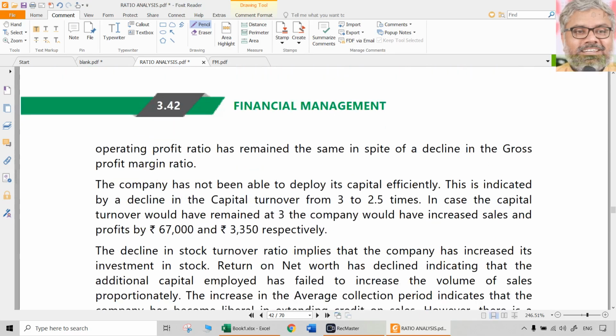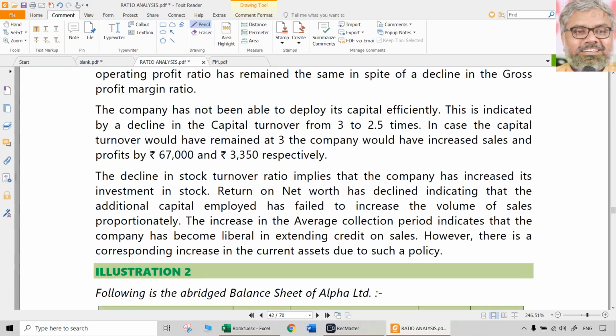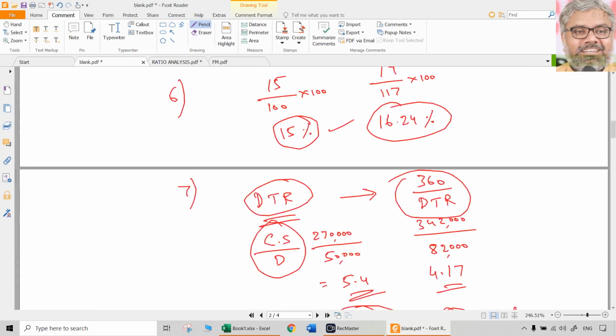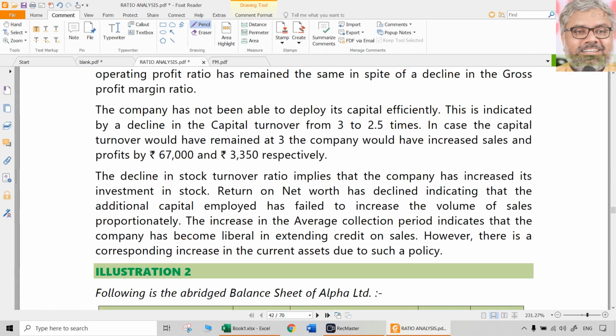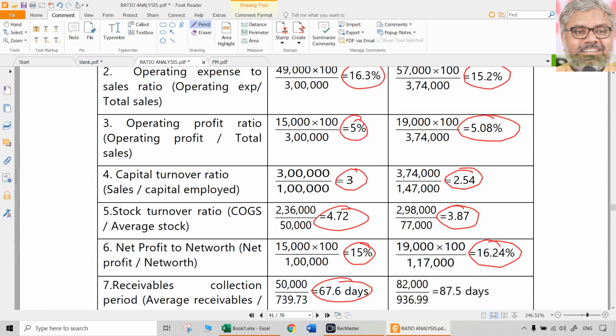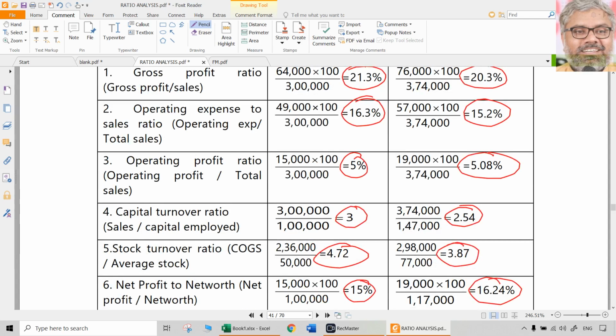Perfect, possible. Next, the operating profit ratio that we calculated will also show the same thing, because the operating profit ratio has the cumulative effect of both of them. That is why there is only a very slight increase in its percentage. Though the operating expenses are reduced, that's what you can write about why the operating profit ratio has increased.